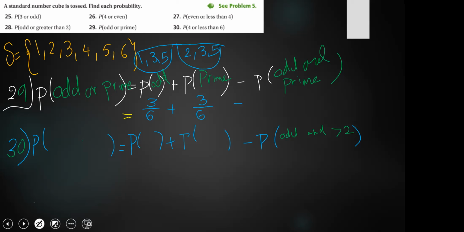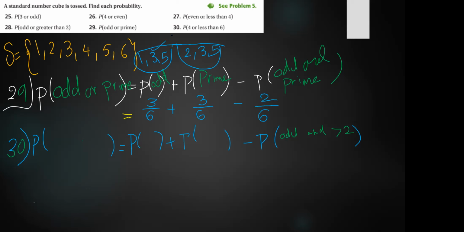How many numbers are odd and prime at the same time? 3 and 5, so we have 2/6.